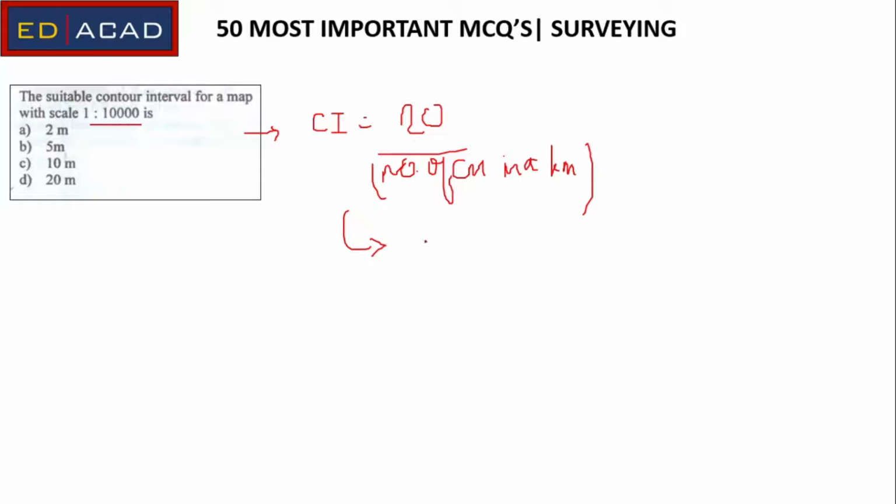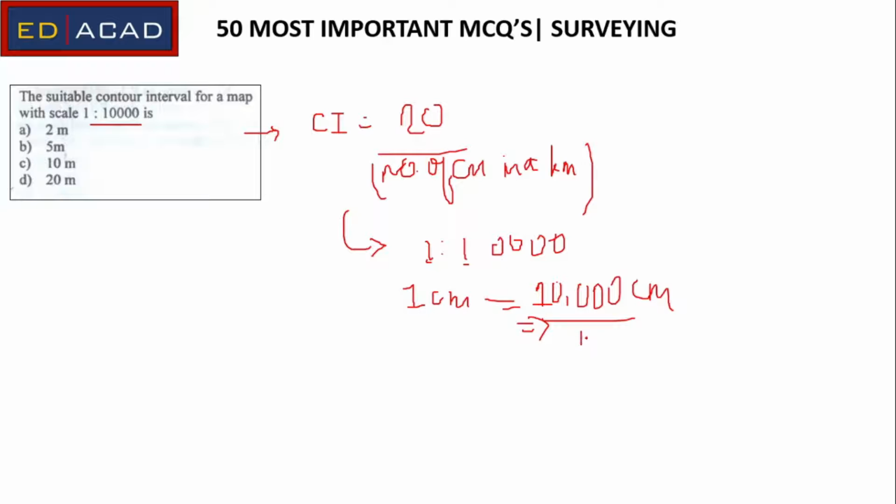So we have our scale equal to 1:10,000, so we can write this as 1 centimeter equal to 10,000 centimeters. Let's convert this 10,000 centimeters into kilometers. So we need to divide this by 10 to the power of 5. So it will come out to be 0.1 kilometer, right? So from this we got that in 0.1 kilometer we have 1 centimeter.